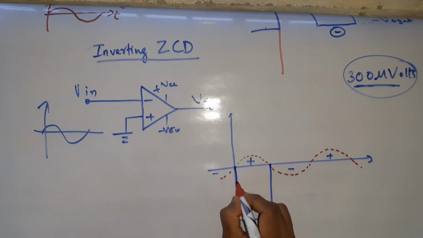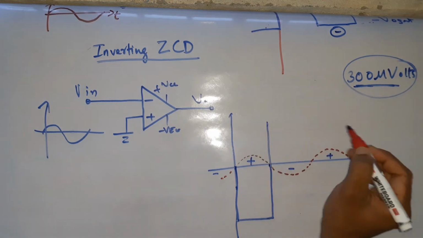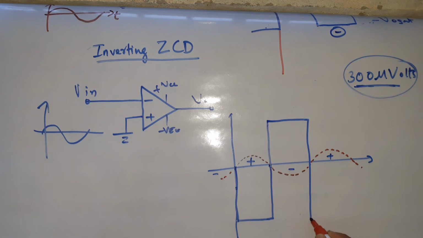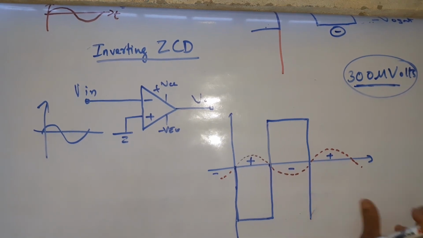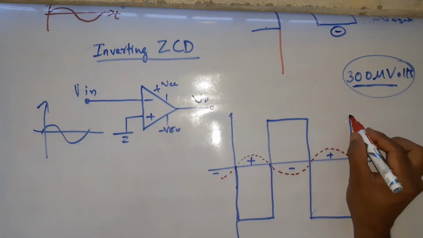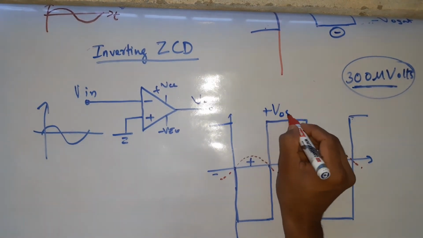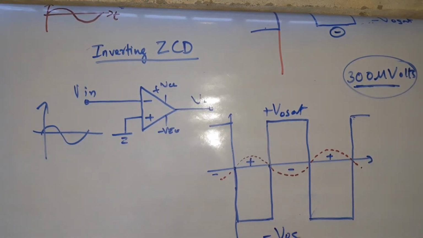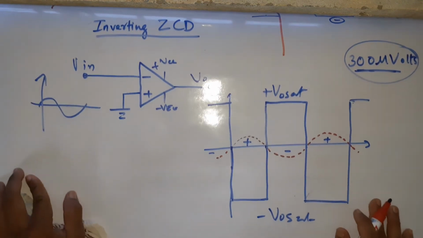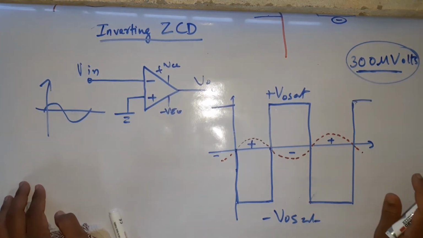Like this. Understanding? This is plus V naught sat, this is minus V naught sat. The dotted line is our input. Just concentrate here. The rectangular waveform is our output waveform.